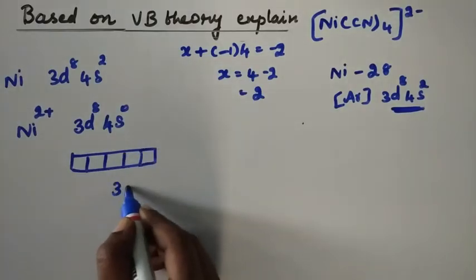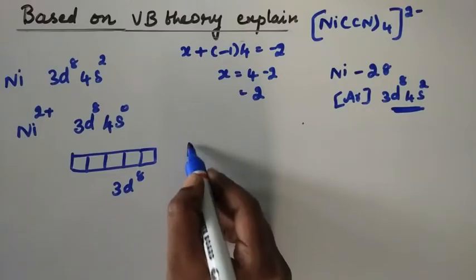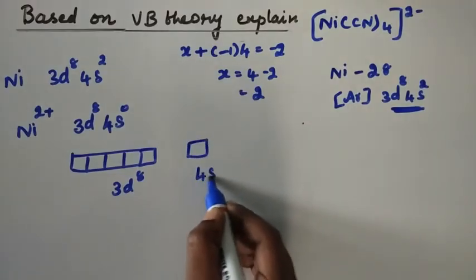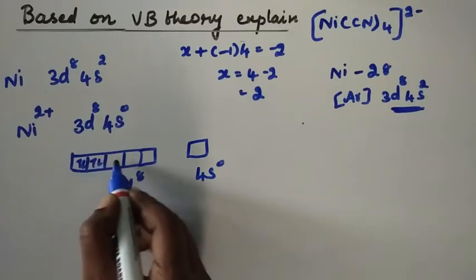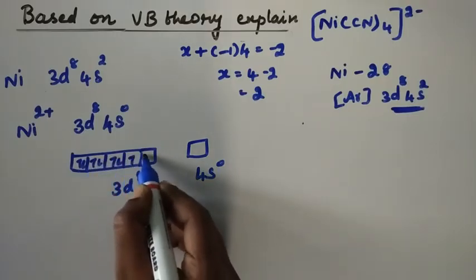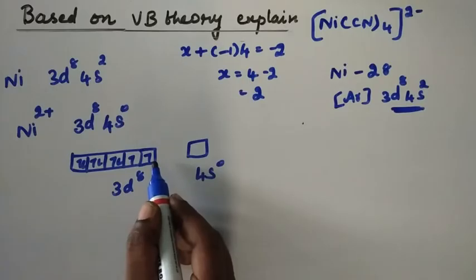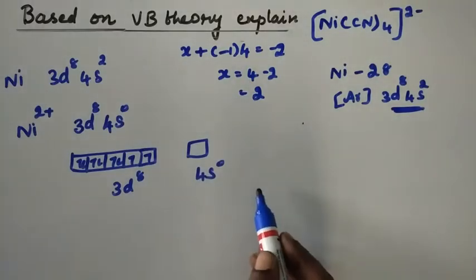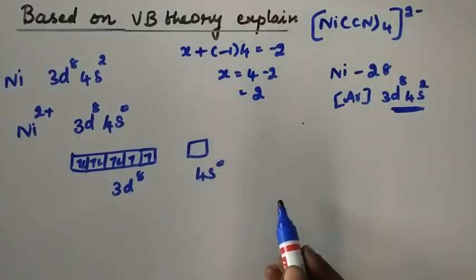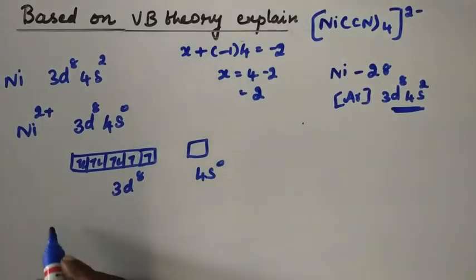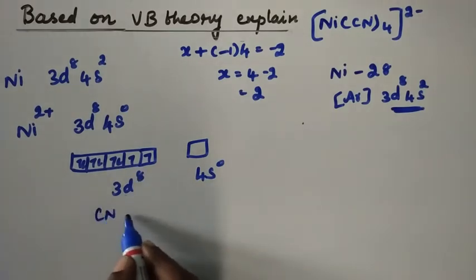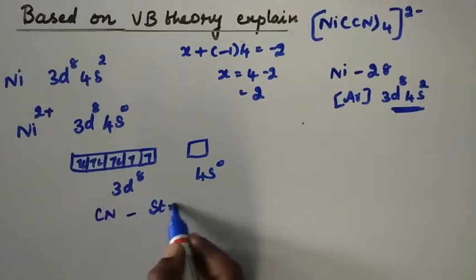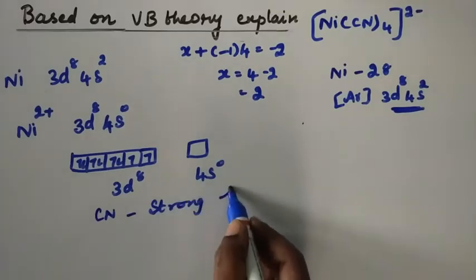So it is 3d8, 4s0. 1, 2, 3, 4, 5, 6, 7, 8. 2 unpaired electrons. And now when the cyanide ligands approach the metal atom, it needs 4 empty orbitals. The cyanide ligand is a strong field ligand.